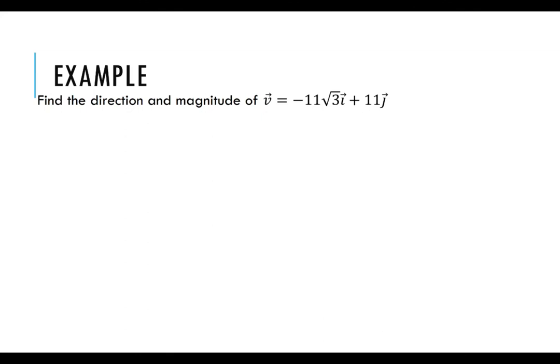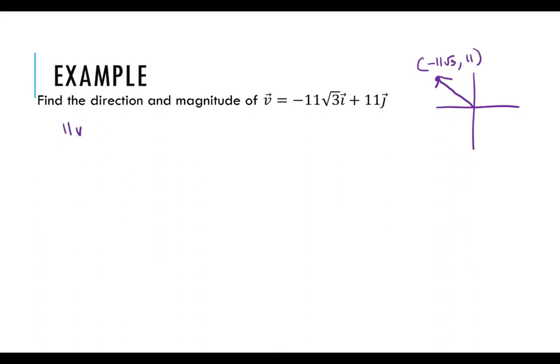Well, then let's find the direction and magnitude of the vector v being negative 11 root 3 i hat plus 11 j hat. So I like to sketch them first to keep myself on track. And negative 11 root 3, positive 11, I'm not going to scale it, but it's somewhere over here, where specifically that ordered pair is negative 11 root 3, 11. Wonderful. Well, then let's find the magnitude.